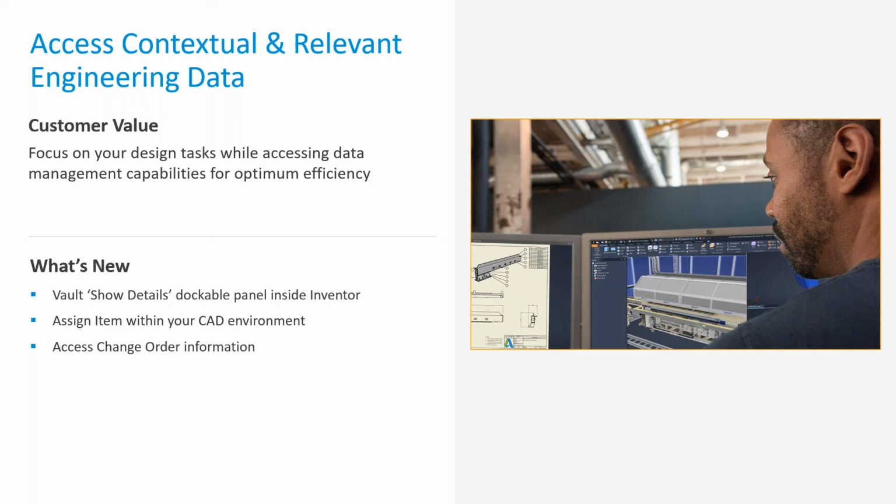You don't want to have different programs going back and forth all the time. So that's the beauty of the integration within Inventor or AutoCAD or any of these other tools, that we can do a lot of the Vault tasks like check in, check out, changing the life cycle, changing a revision. Now we can have a little bit more visibility on the where used, change orders, assigning items, and looking at your bill of material right within Inventor.